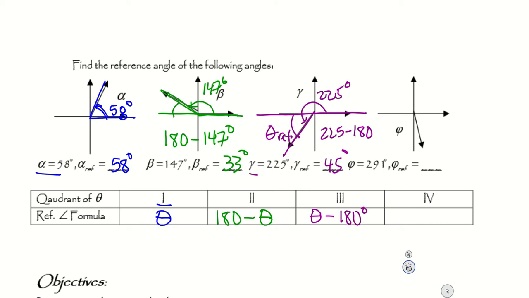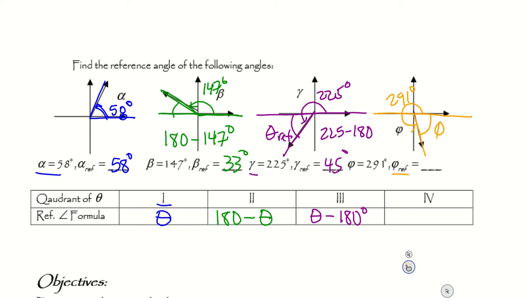Finally, our fourth angle, and this is phi. Phi is 291 degrees, so we rotate all the way around. My reference angle is the acute angle between my terminal side and the x-axis. That would be this angle right here.